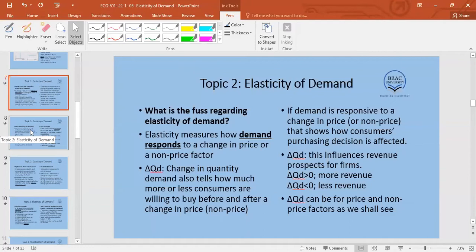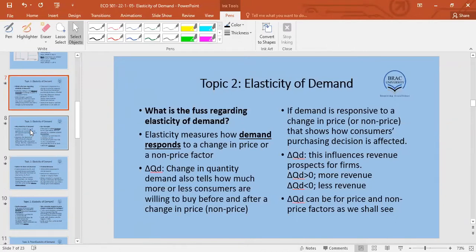Elasticity measures how demand responds to a change in price or a factor other than price, a non-price factor. Over here we're writing del Q of D, a change in quantity demanded. This tells us how much more or less buyers are willing to buy after the change, whether that change was due to price or any other factor.